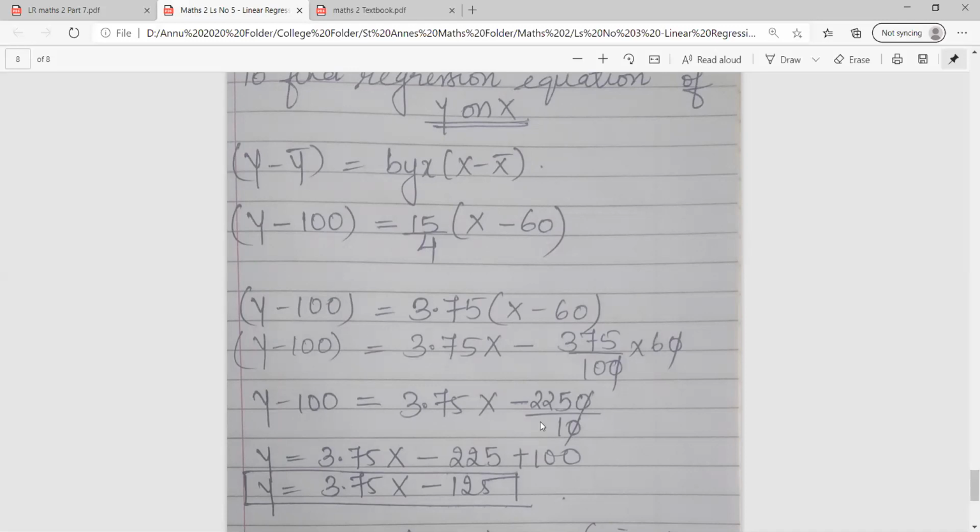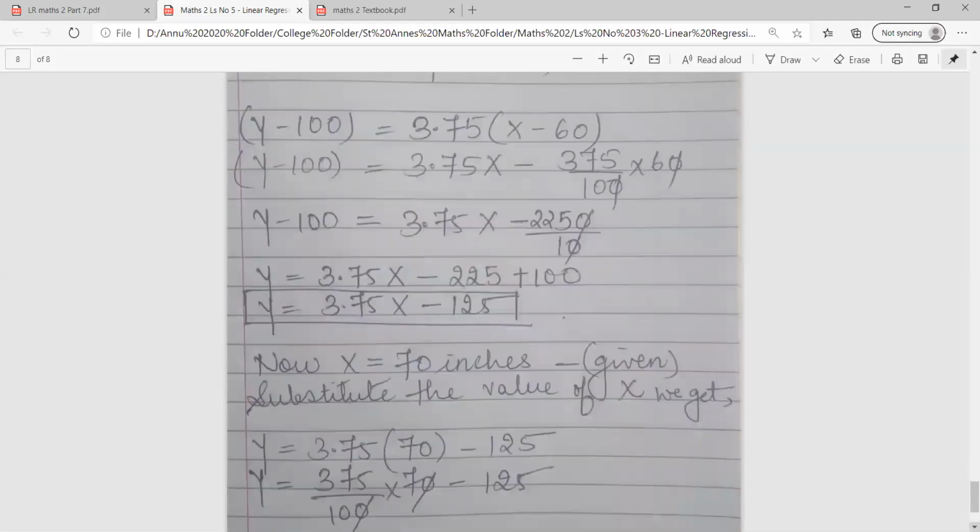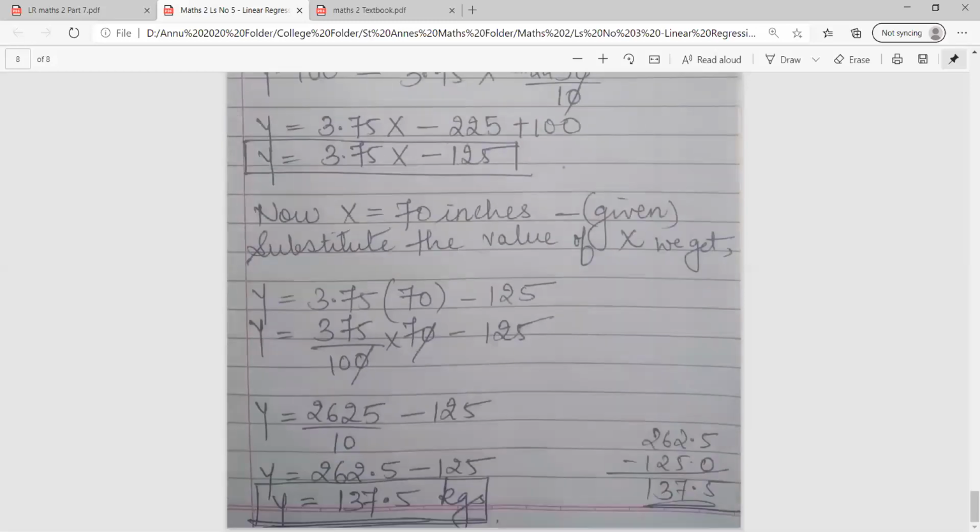Then minus 100 can be transferred to that side and become plus 100. So you get the value of y as 3.75x minus 125. Now your regression equation is ready. Now you can substitute the value of x, which was given to be 70 inches. And on substituting and finding the answer, you get the final answer to be 137.5 kilos.